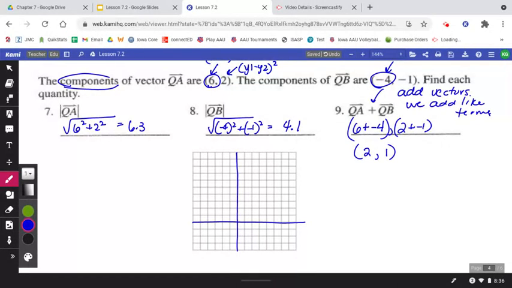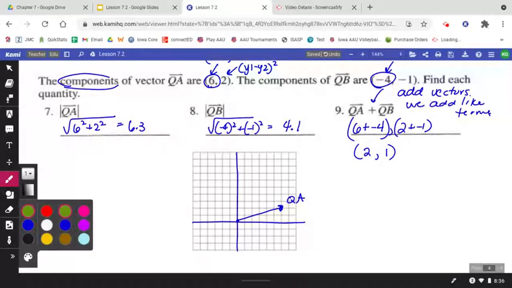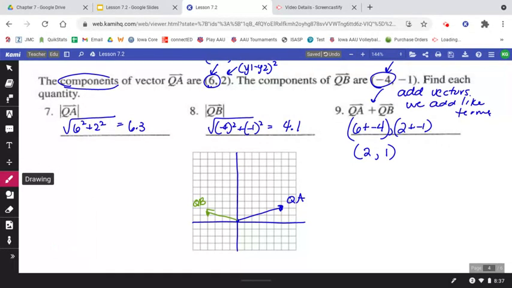Okay, let's try this again. 1, 2, 3, 4, 5, 6, 1, 2. And then I've got QB at -4, 1. And they want to see what would happen if I add them together. So when I add them together, I get this situation here.